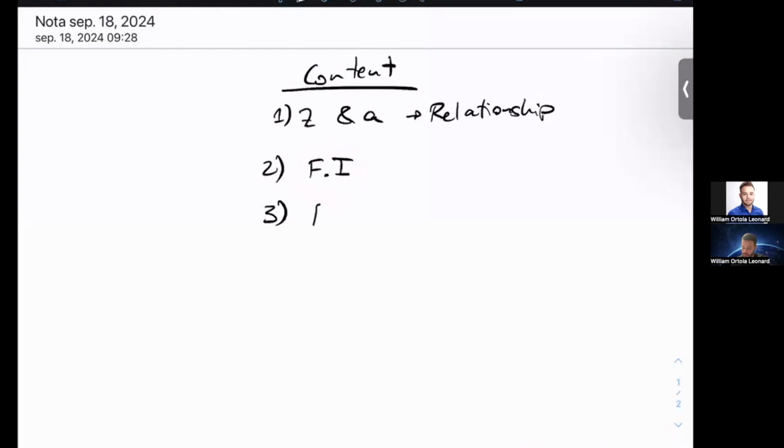And third, we're going to derive the second Friedmann equation, okay? So this F2, which I might write as F double I or F2, same thing for the second Friedmann equation.